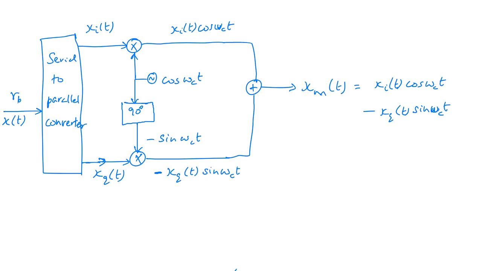For example, let me just write here. Maybe I'll change the color. So the cosine could be representing a 1 and the sine could be representing also a 1. Or it can be 0 here and 0 here, or 0 here and a 1 here, or a 1 here and a 0 here, right? So now we have four combinations.